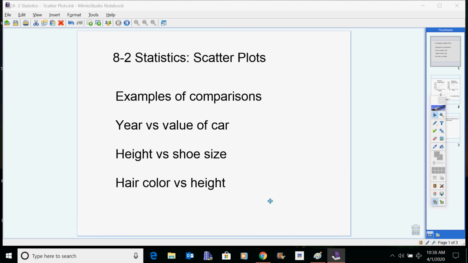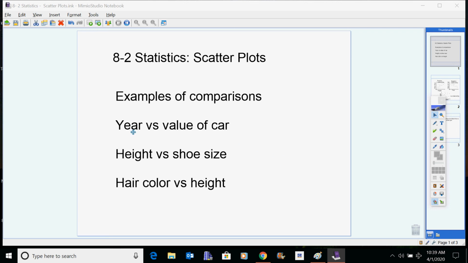All right, so the scatter plot is going to compare a couple of different types of numbers. And sometimes there are relationships between these numbers. I want to just talk for a brief minute about some possible comparisons that you might see and what you would think would make sense as far as what you would expect their relationship to be like.